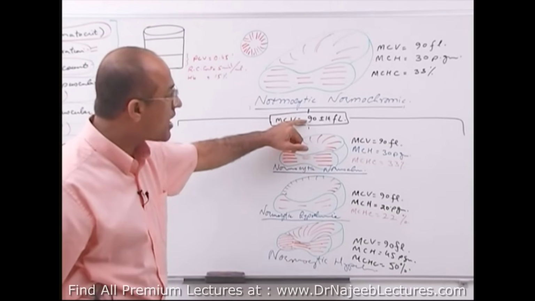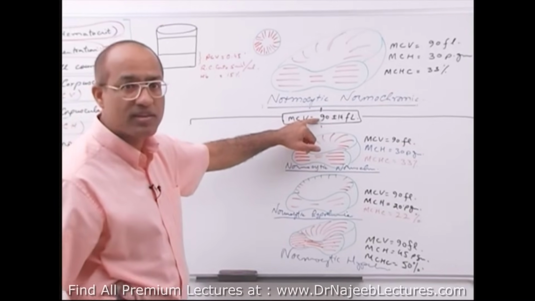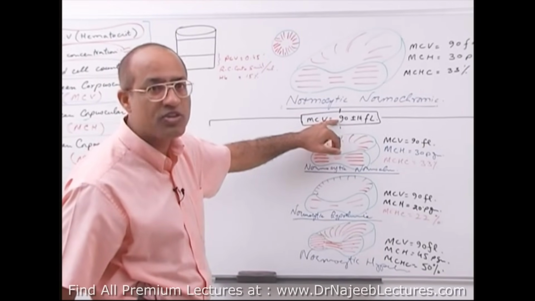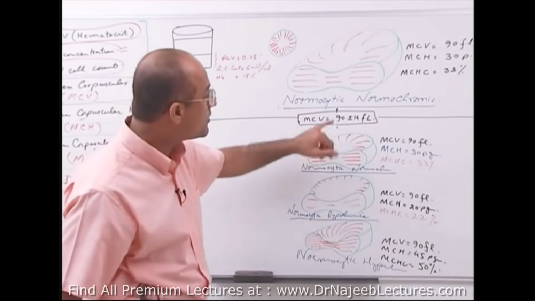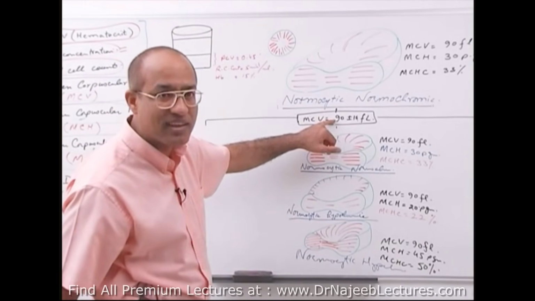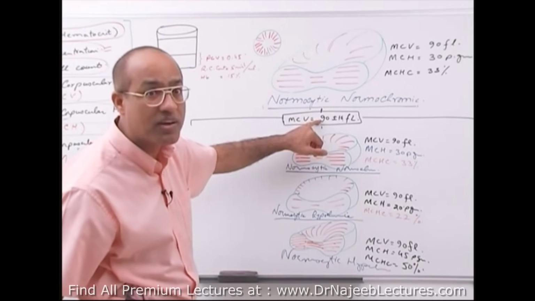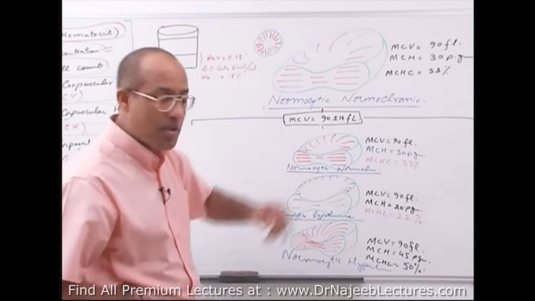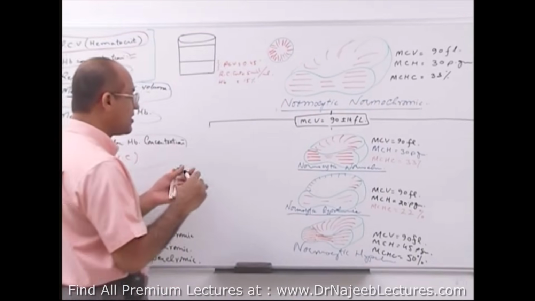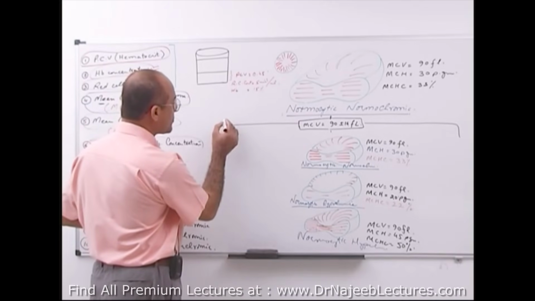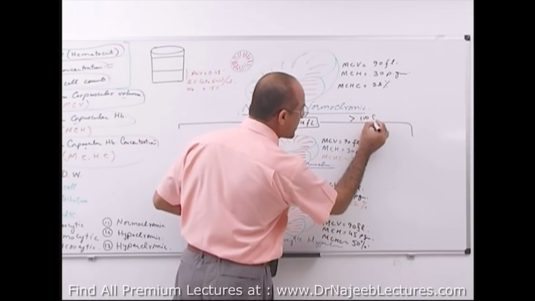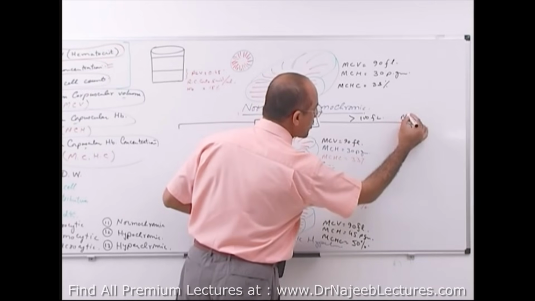So if an RBC is larger than 90 femtoliter, say 95 or 98 femtoliter, it is still normal. Or if it is slightly smaller than 90, for example 86 femtoliter, it is still normal.